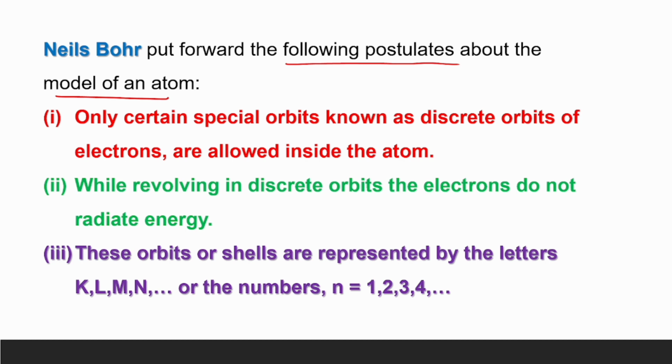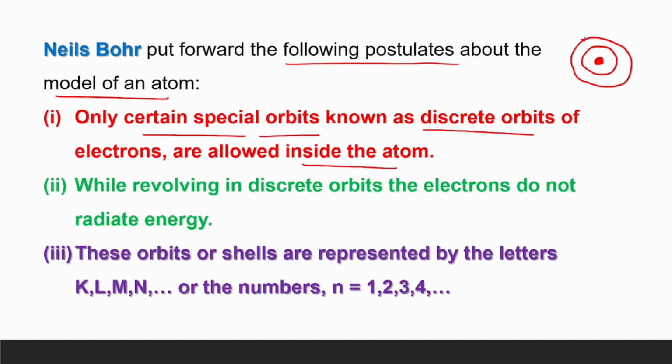The first postulate proposed by Niels Bohr is that only certain special orbits, known as discrete orbits, of electrons are allowed inside the atom. Electrons have permission to move only in certain circular paths known as orbits.